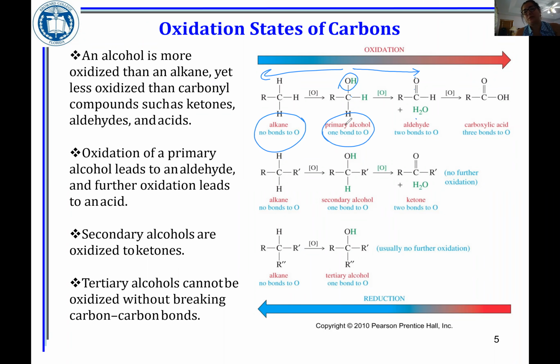What is more visible than that, going from alcohol to aldehyde? How do we know it is oxidized, based on the definition? Here you said add oxygen, and what happens here? Another bond to oxygen. What else? Which is more visible?